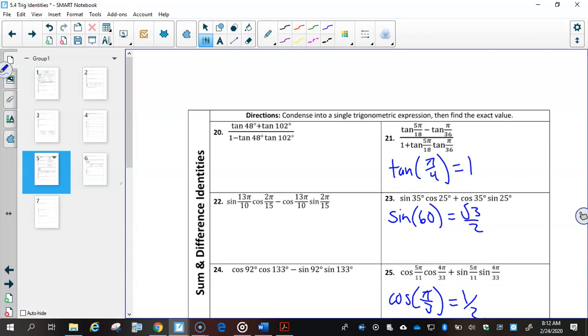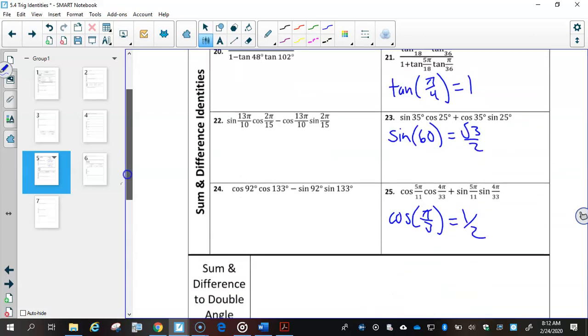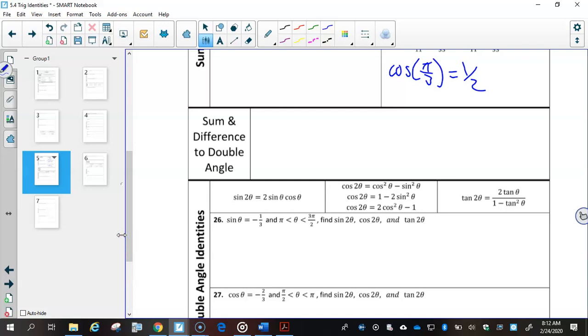Alright, so far we've done reciprocal identities, quotient identities, Pythagorean identities. We started sum and difference identities, and now we're going to start our double angle identities. A way to remember these instead of just remembering another set of formulas: we can use our sum and difference formulas and transform them into our double angle.